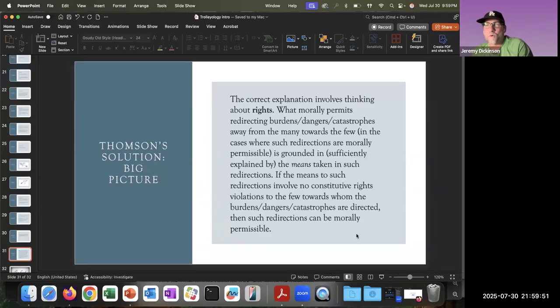At least her arguments for those claims seem like they could have been resting on a mistake for the piece that we're studying may have some issues with it. And the way she thinks about it is by having us imagine, let's take the original trolley case, or what she calls the trolley driver case.